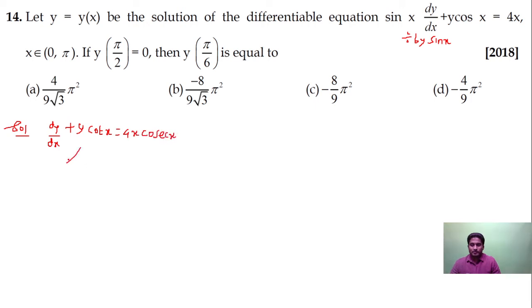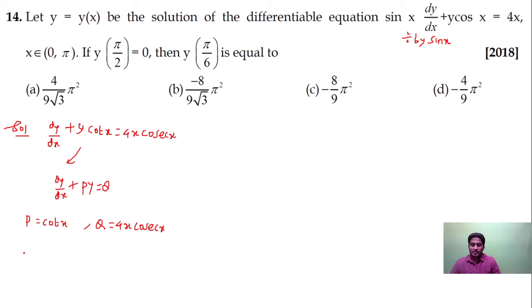So this is of the form dy by dx plus py equal to q, where p is equal to cot x and q is equal to 4x into cosec x.